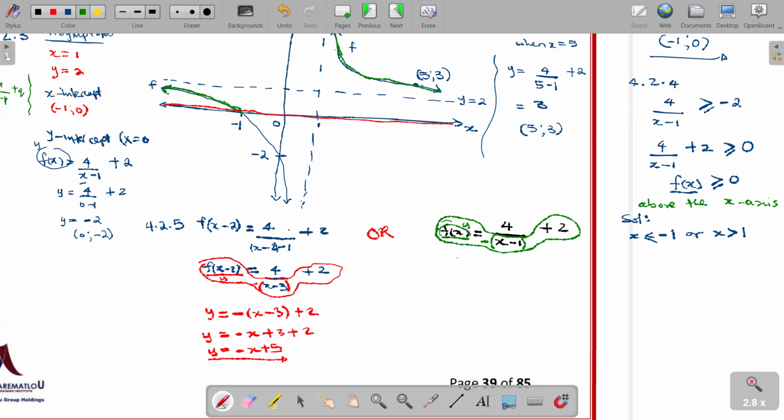So we're going to have y equal to minus open bracket x minus 1 plus 2. So eventually this was going to be y equal to minus x plus 1 plus 2, which was going to give us y is equal to minus x plus 3. This is the equation of the axis of symmetry having negative gradient from the original equation.